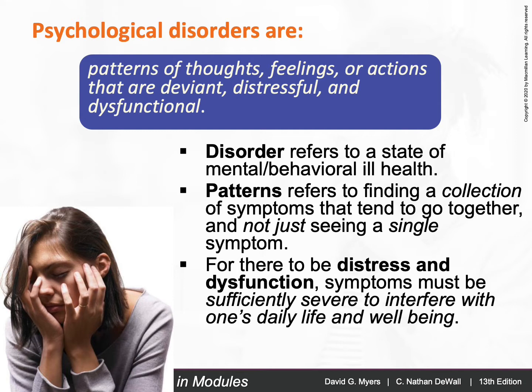So distress essentially means internal or emotional anguish, and dysfunction means that the impact of the psychological disorder is such that it affects a person's ability to manage day-to-day tasks, right? To manage relationships, right? And maybe even to function in one's vocation or one's job or in academic context, right?